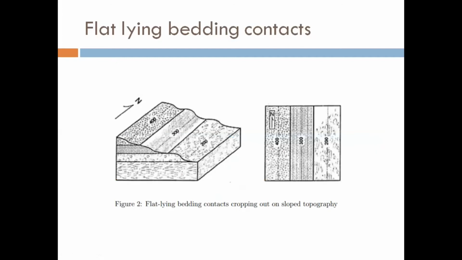This is a very interesting diagram that represents a 3D block diagram. These dotted lines are actually the contour lines, and these darker lines are the geological contacts. So you can see a geological contact here, and a geological contact here. So maybe this is layer number one, layer number two, and layer number three.